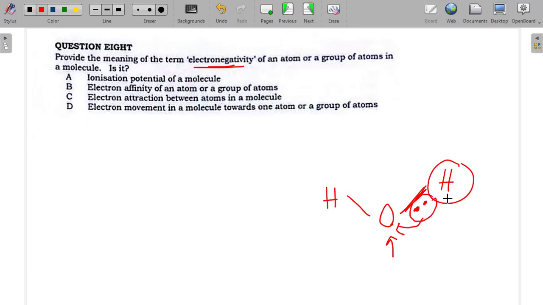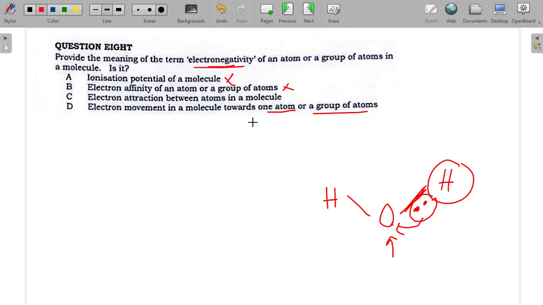So the power of this oxygen here to attract these shared electrons to itself is what we are calling electronegativity. Okay, so when I go on the options, the first one, they're saying ionization potential of a molecule. We're going to say no. Electron affinity, no. The electron attraction between atoms in a molecule, and then D, they're saying electron movement in a molecule towards one atom or a group of atoms. So between these two here, we must find the best answer.